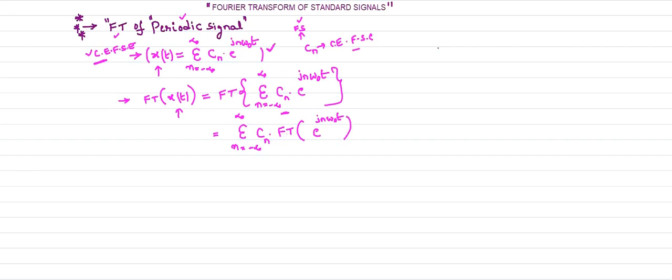Now all of you know already, what is the Fourier transform of the complex exponential signal, which is e power j omega naught t? Already we derived this one. This is the complex exponential signal, the fourth signal we derived. So what is the result of the Fourier transform of this complex exponential signal?